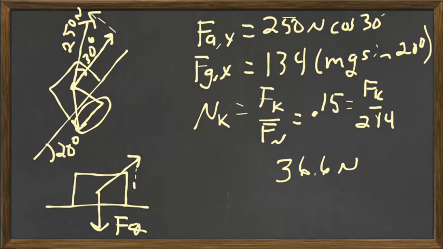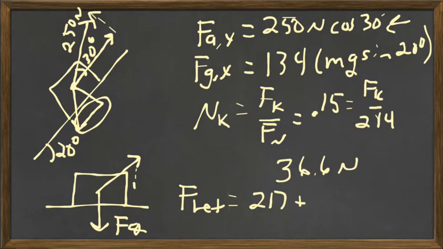So, going back to my idea of net force equals force applied in the x direction, 250 cosine 30, that happens to be 217 newtons. Oops, well, I'll leave the newtons off for right now.